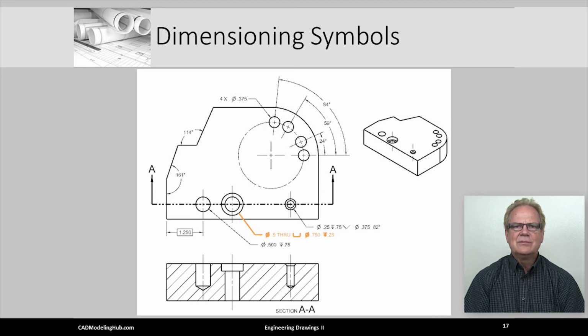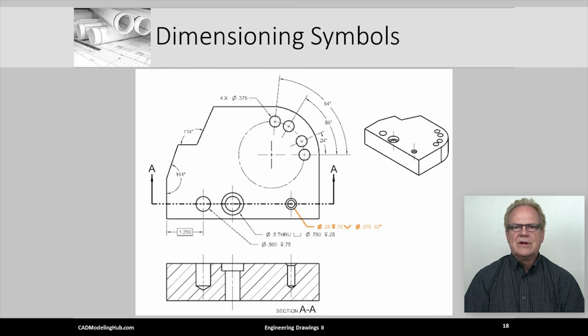Next, we see the symbol for counterbore, followed by a diameter symbol and a value of 0.75 inches. Finally, we see this counterbored feature is cut to a depth of 0.25 inches. Look again at the Section AA view to see the cutaway of this counterbore hole.